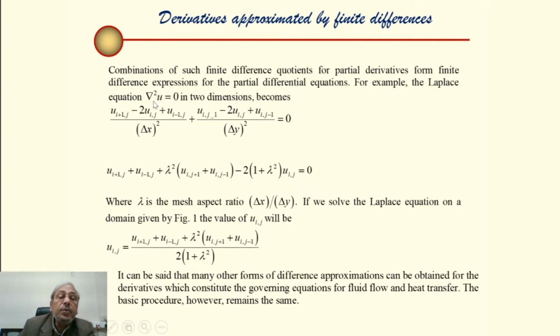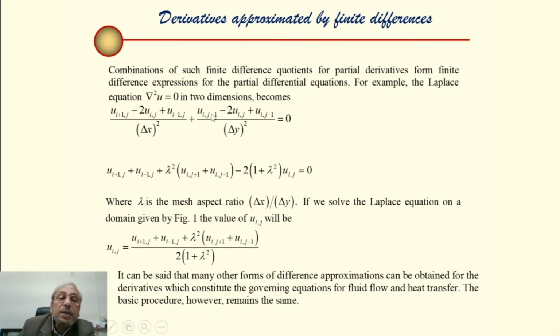That means del 2u/del x2 plus del 2u/del y2 equal to 0. So finite difference quotients can be written as (u_i+1,j minus twice u_ij plus u_i-1,j) by delta x square, plus (u_i,j+1 minus twice u_ij plus u_i,j-1) by delta y square.